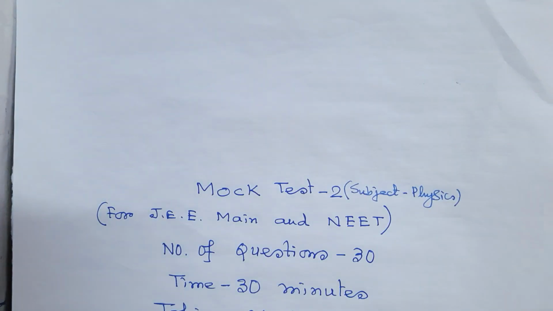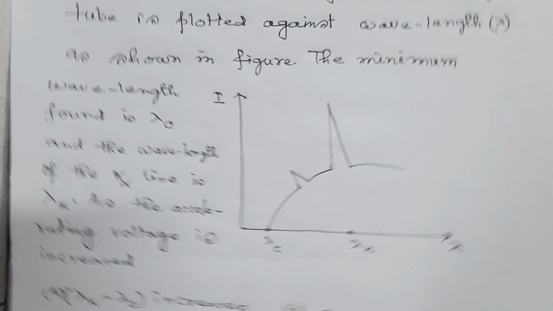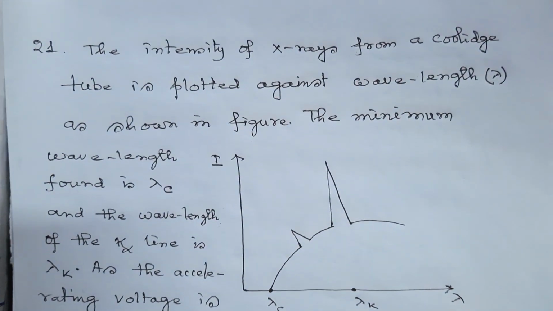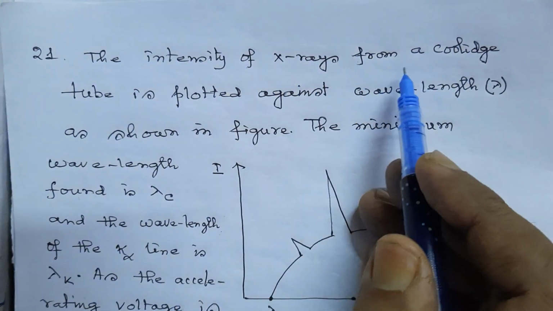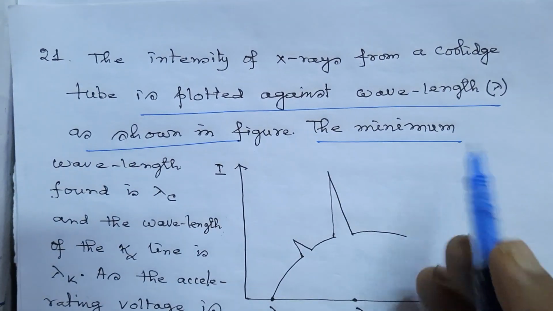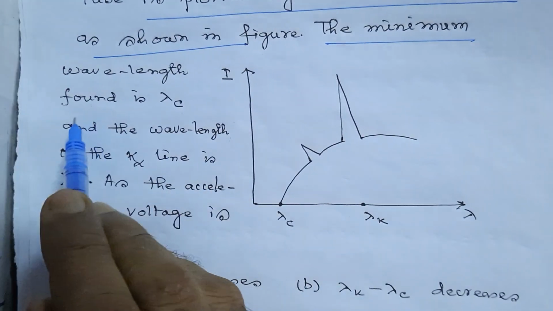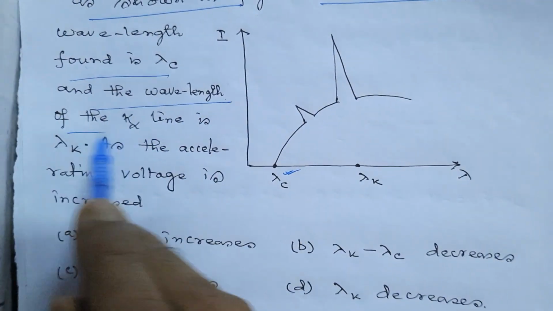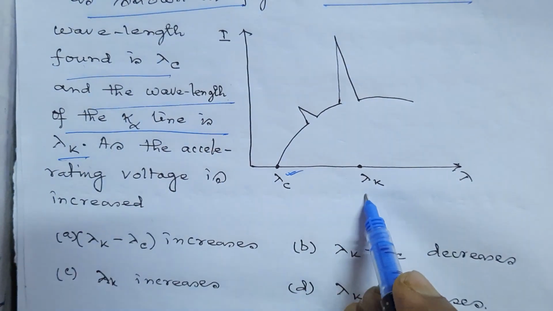Now let us see question number 21. Here is another interesting problem from X-rays. The intensity of X-rays from a Coolidge tube is plotted against wavelength as shown in the figure. The minimum wavelength is lambda c, and the wavelength of the K alpha line is lambda k.